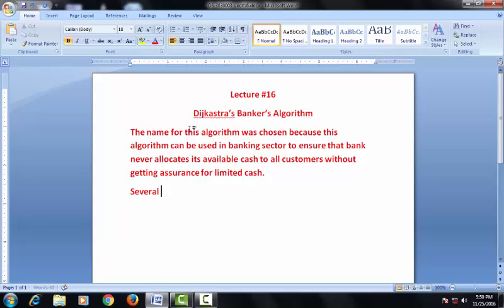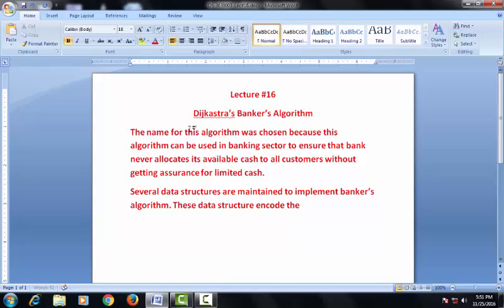So several data structures are maintained to implement banker's algorithm. These data structures encode the state of the resource allocation system.